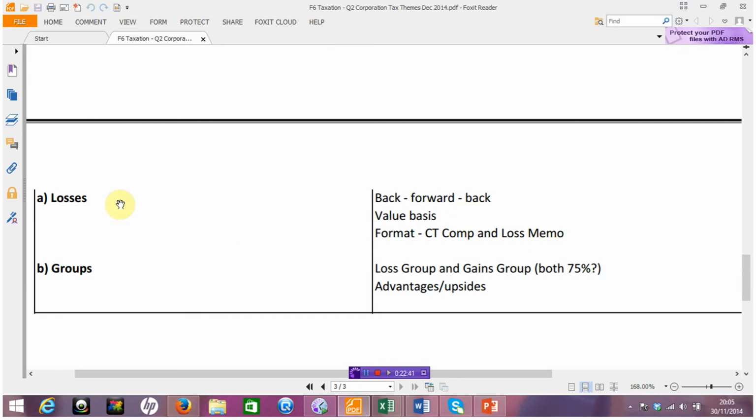So what I've done here is just split it into two. The first area is just losses for companies, in other words, losses for individual companies. And as we've said in classes, we've got a little bit of a dance that we do here in terms of back, forward, backs. We know that we can set a trading loss back against trading income.